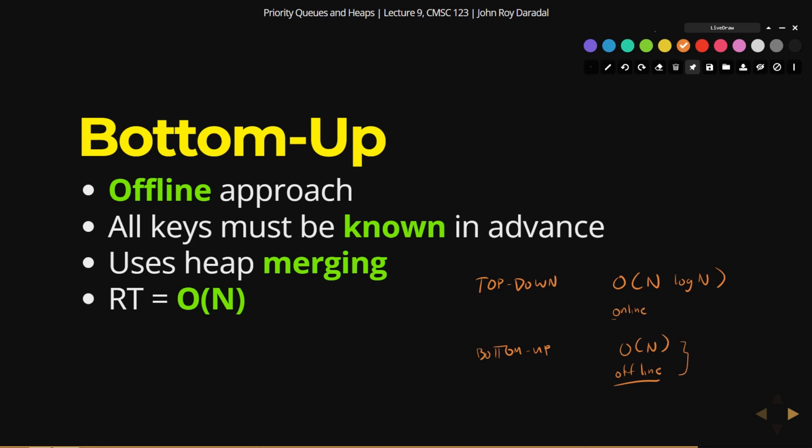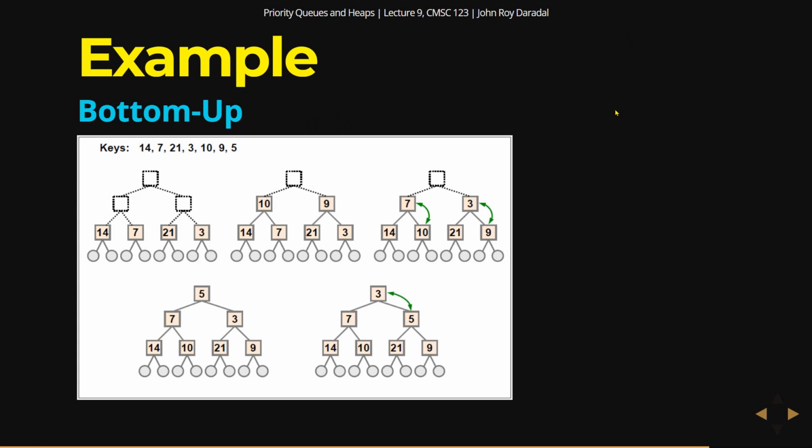So let's see how bottom-up actually works. Let's say that these are our keys: 14, 7, 21, 3, 10, 9, and 5. Since there are 7 keys here, this will be the structure of our heap.